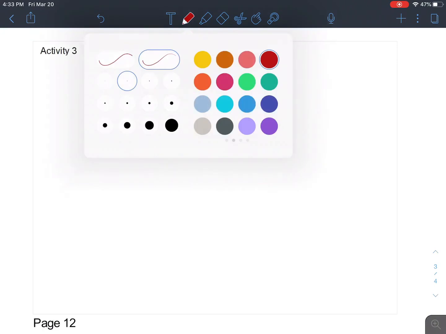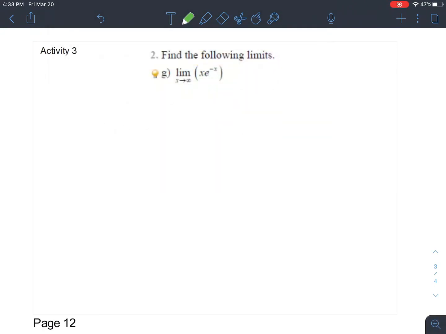All right, so I am hoping there's a couple different ways that you could solve this, but there is definitely an easier way and there's definitely a harder way. The easier way is if you decide that e to the negative x is going to move to the denominator. The harder way would have been if you had chosen that x was going to move to the denominator.